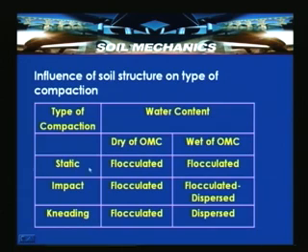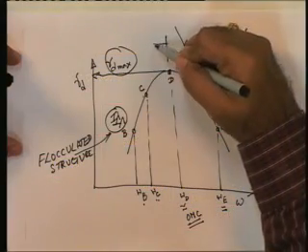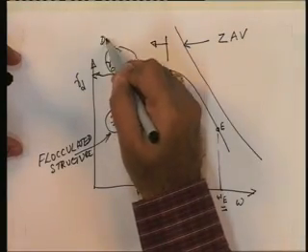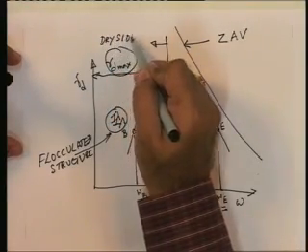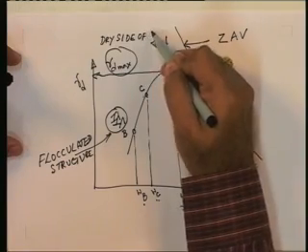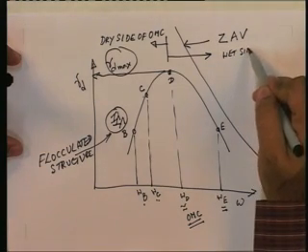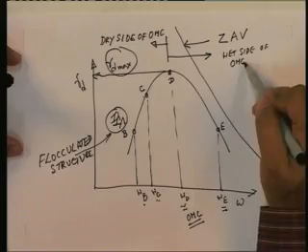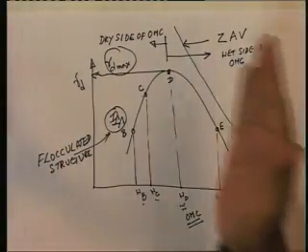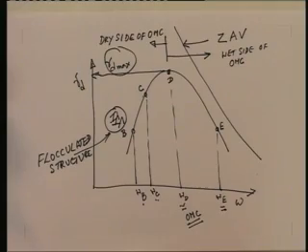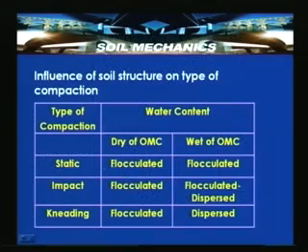If you see in this table, the dry side of the optimum is on the left-hand side and the wet side of the optimum is on the right-hand side. Here, static compaction does not influence the soil structure much; it remains flocculated.